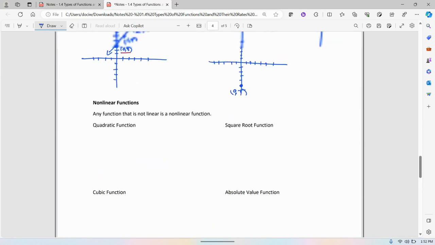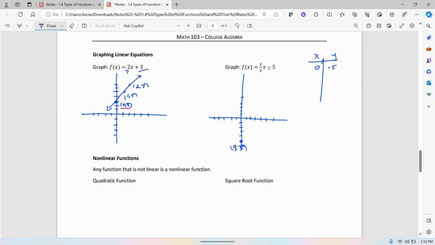There's my y-intercept. I'm going to pick another value for x. I could just go up 2 and over 3. Sometimes I have a hard time determining exactly what point that is. So what I might do is say, what's another good value to substitute in for x? I'm going to choose 3. The reason I'm going to choose 3 is I have 2/3 times x. If I put a 3, the 3 divided by 3, those cancel, and I have 2 minus 5 is -3. That tells me that this point is (3, -3). And there's my line.